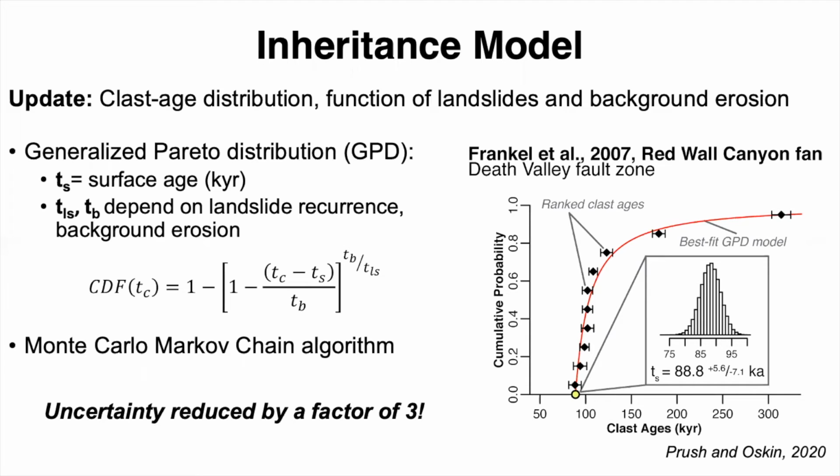The most important of these 3 parameters for our discussion today is surface age, which corresponds to the x-axis intercept of the GPD model. We solve for the best fit GPD using a Markov chain Monte Carlo algorithm and simultaneously determine the best fit surface age. The output of this model for the Redwall Canyon dataset is shown at right. At this site, our modeling reduces uncertainty in exposure age by a factor of 3.